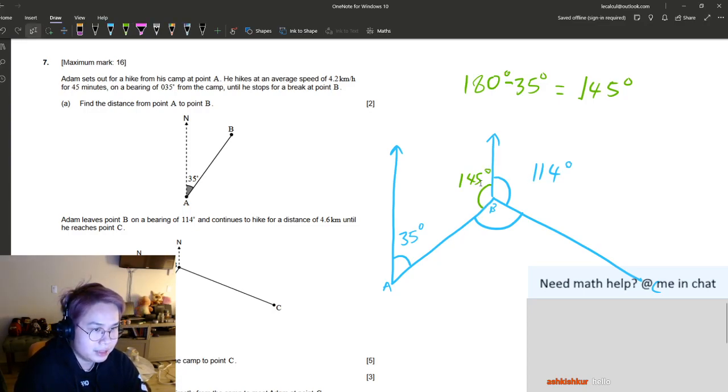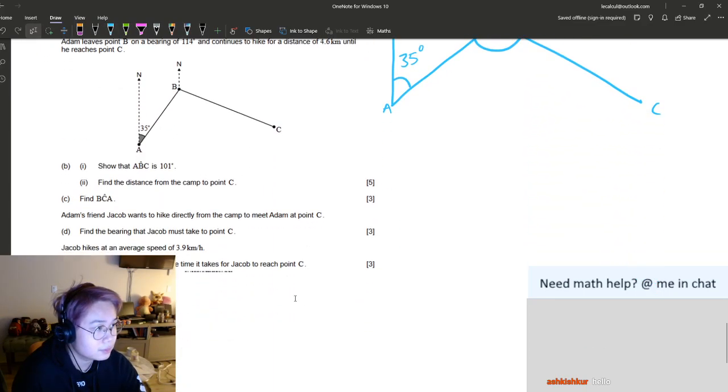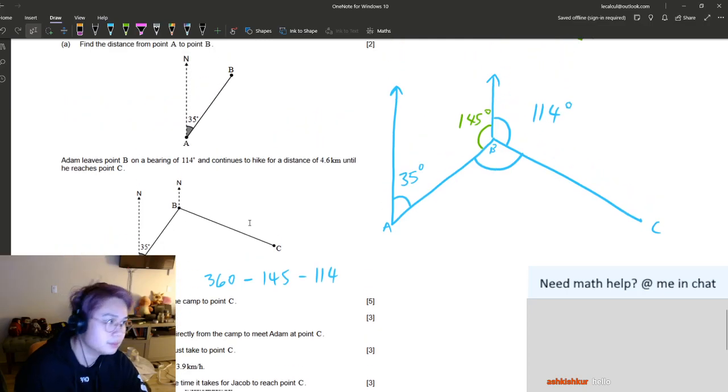And now that we know what these two angles are, we can easily find out what angle ABC is, because angles around a point should be 360 degrees. So let me just write down the work. 360 minus 145 minus 114, and that should be 101.